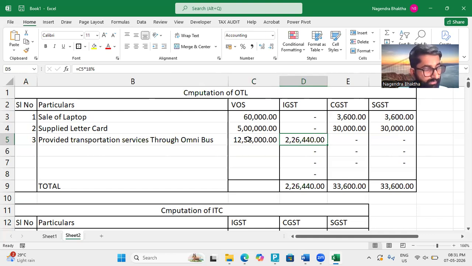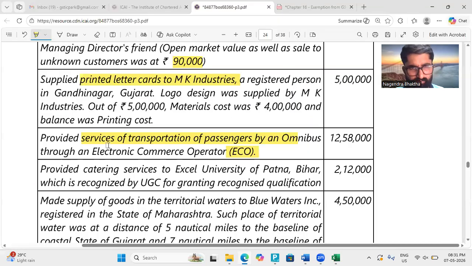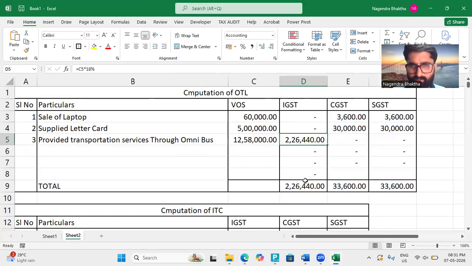Take a second. Okay. So 2,26,440. Wait, it is IGST. Provided services omnibus. No, CGST, SGST it is. Cancel.